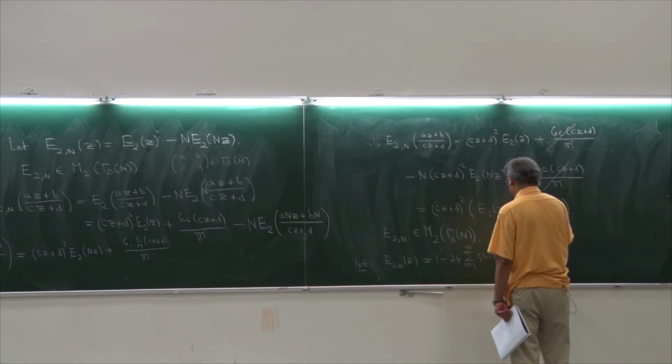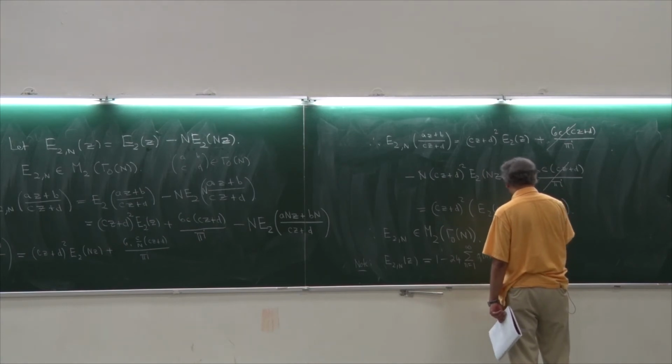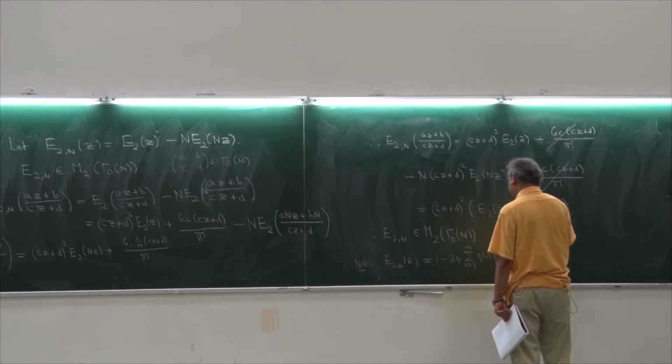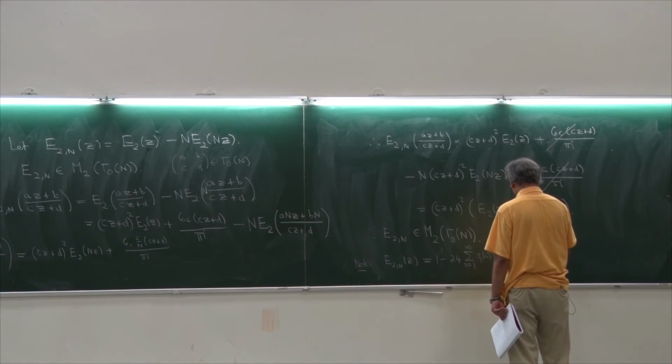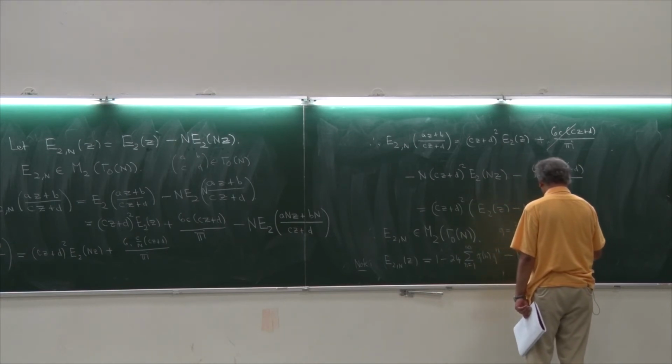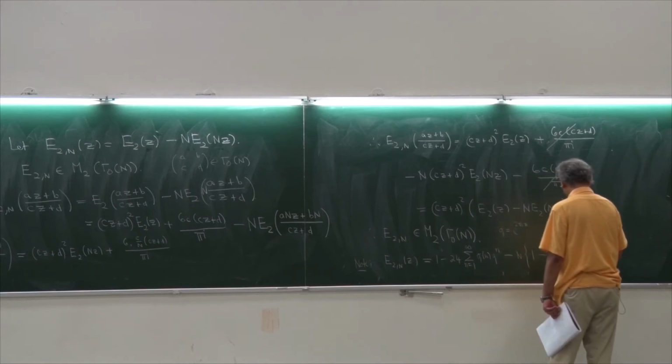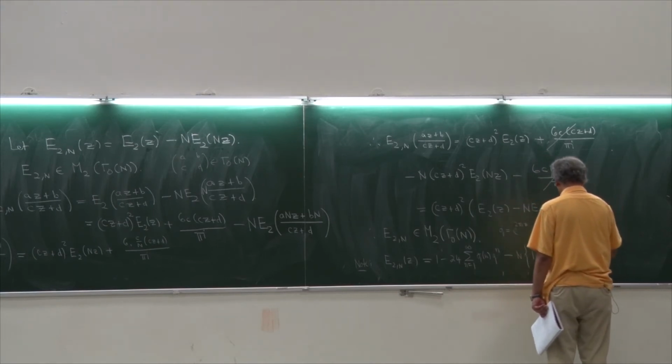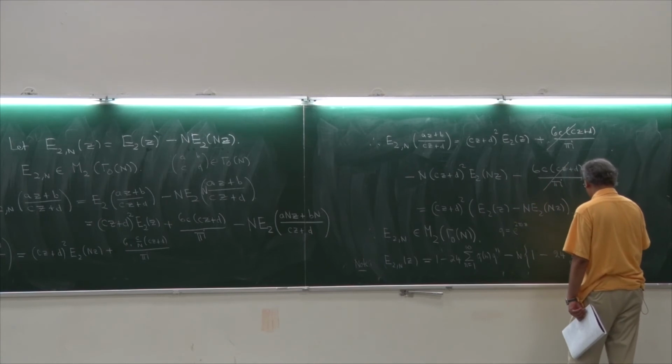So when I change this to n, I get minus n times the sum of sigma 1 of n q to the n.